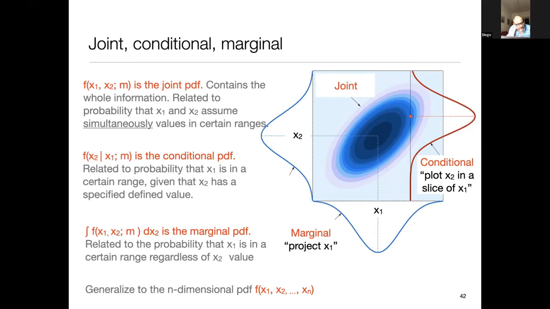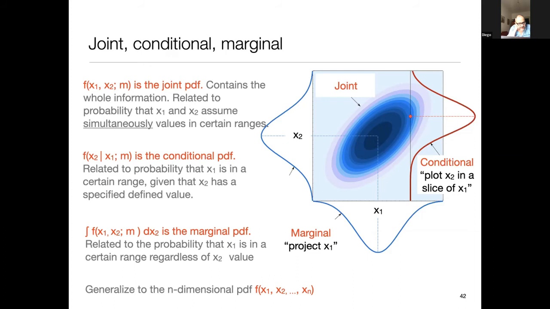The first one is the joint PDF, which is the full two-dimensional distribution. So this is a function of x1 and x2 for a given value of whatever theoretical parameter m. And the joint PDF will be the analytical form of this two-dimensional shape here, whose contours are these ellipses.